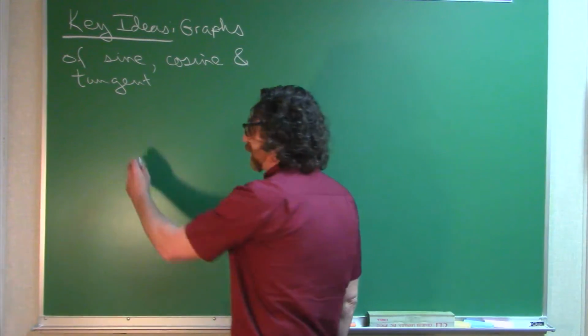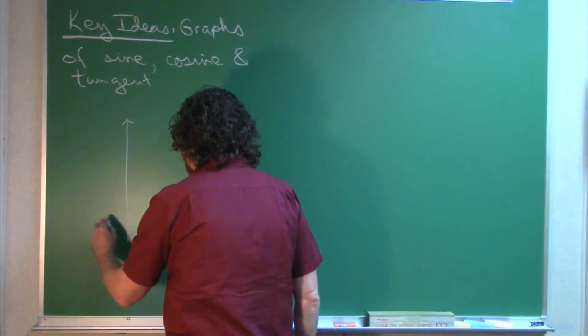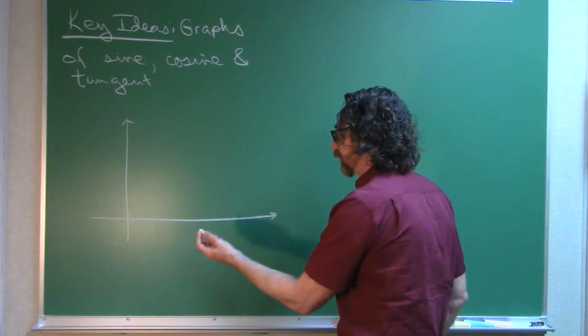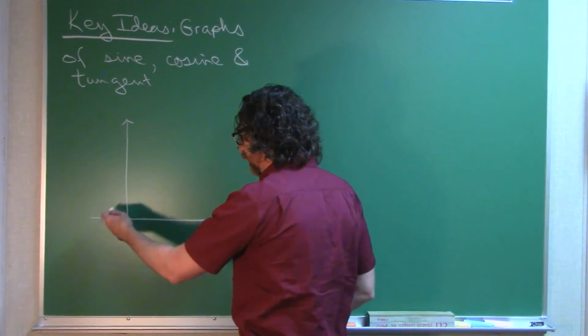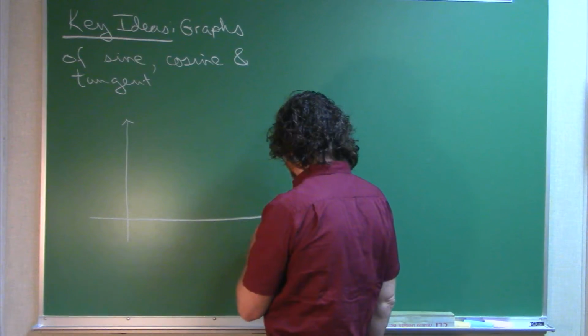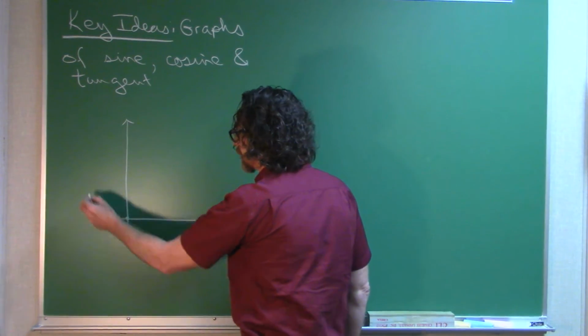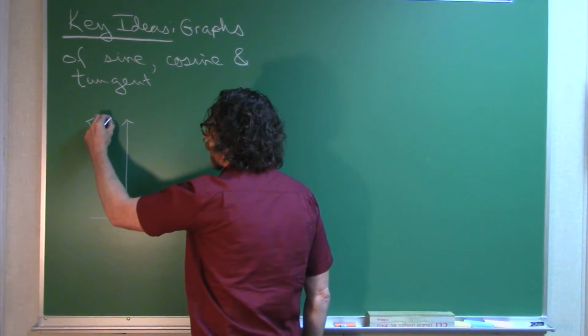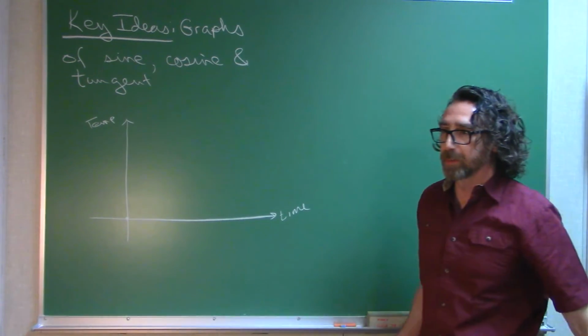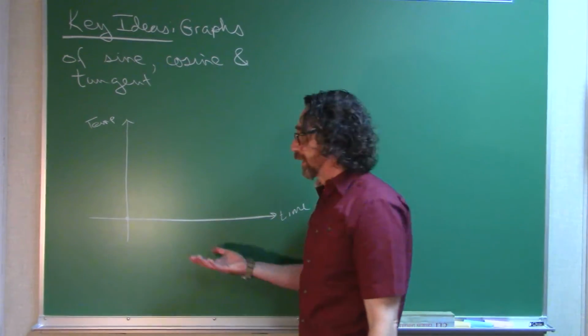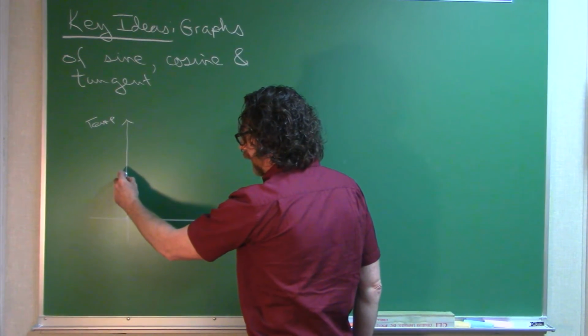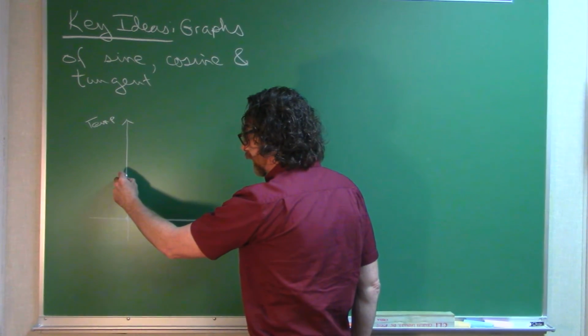A typical example that I've used in the past is something like this. Let's say this is the time axis, where this right here is midnight, and this is the temperature axis. We might expect a scenario like this. At midnight, we expect the temperature to be kind of cool.